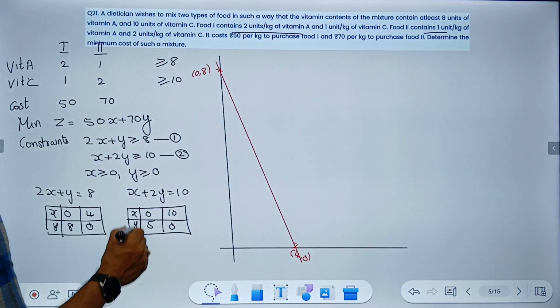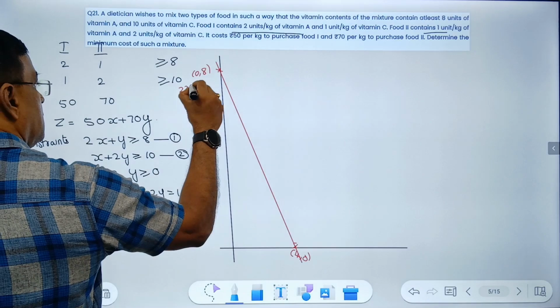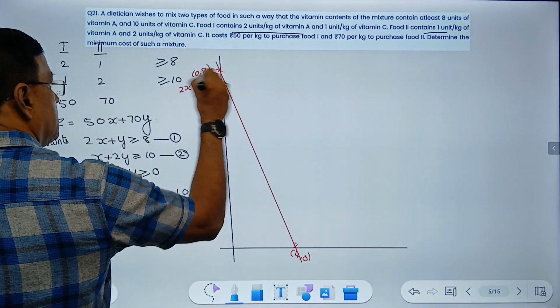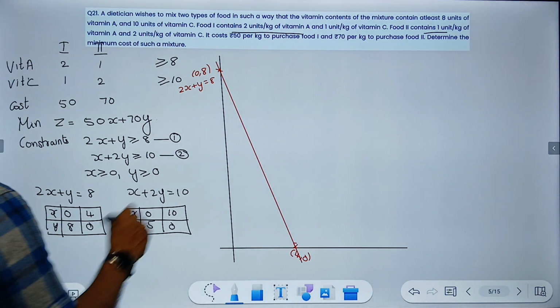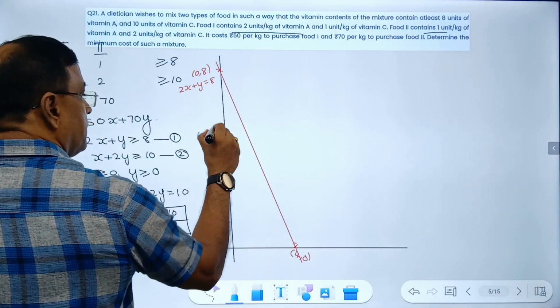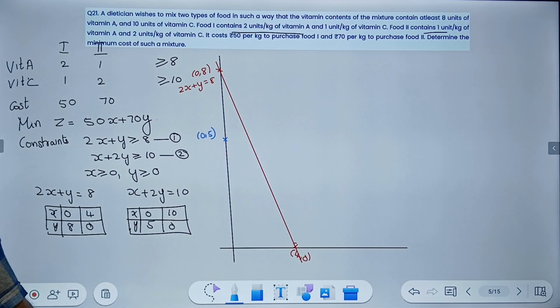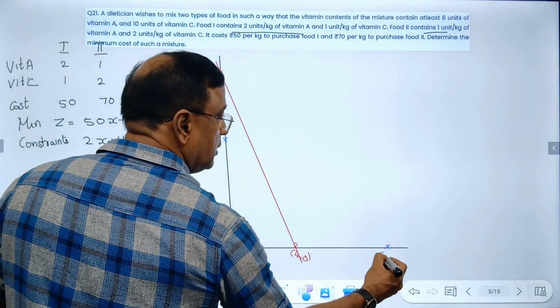And what is the equation? The equation is 2x plus y equal to 8. Now go to the second equation. What is the second point? 0, 5, so 0, 5 is supposed to be here, and 10, 0 is far down here.